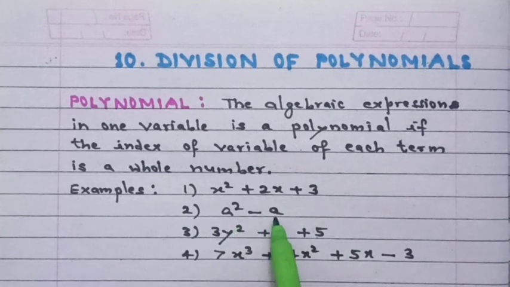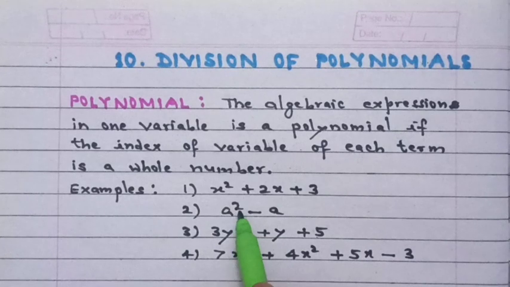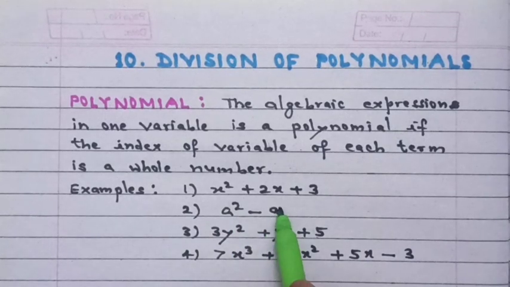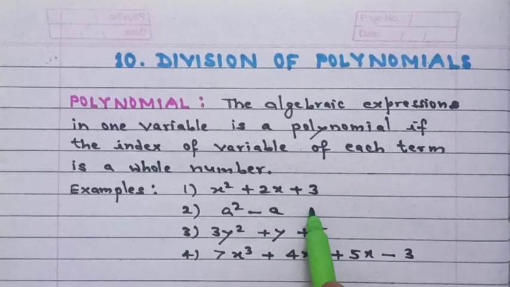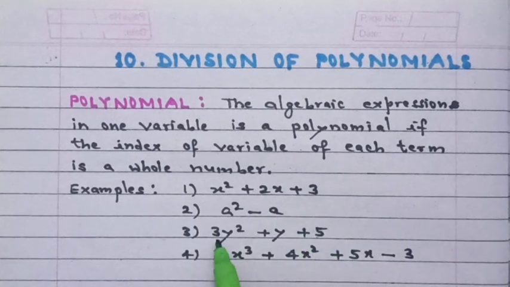Similarly, a square minus a, where the index of a square is 2 and a is 1, therefore it is again a polynomial. Third example, 3y square plus y plus 5. Obviously, I hope you have understood this is also a polynomial.